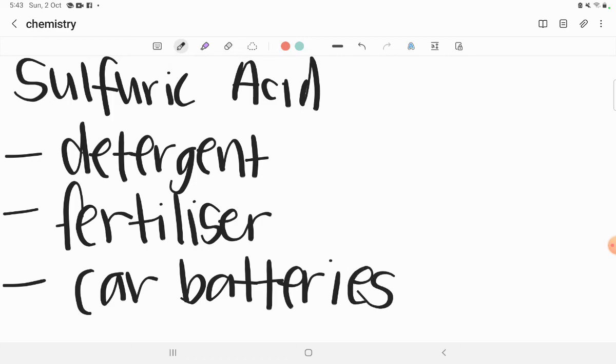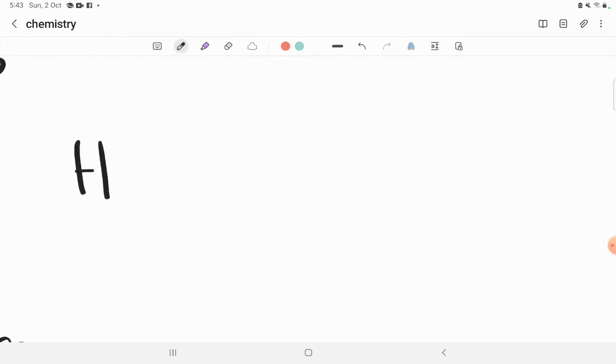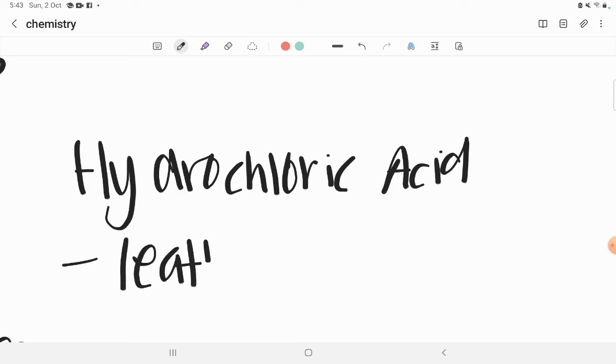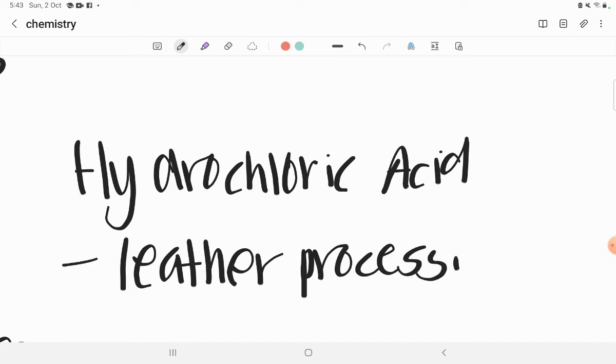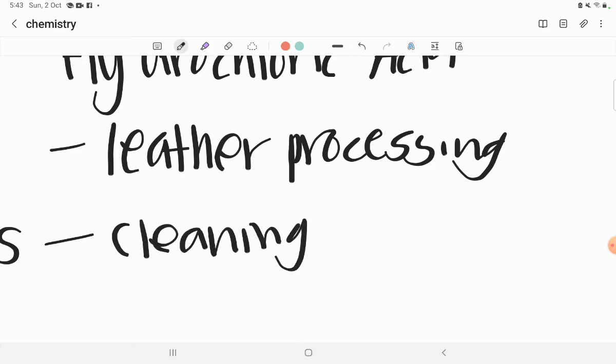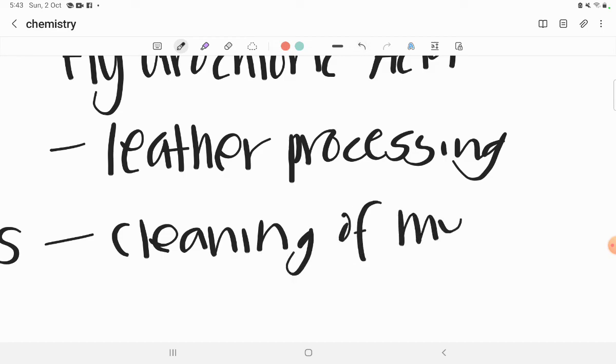For hydrochloric acid, it is used in leather processing and cleaning of metals.